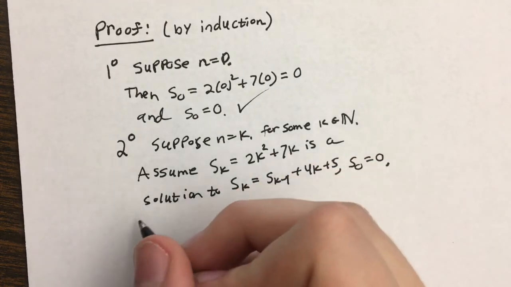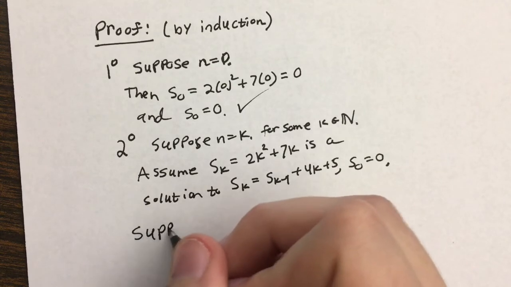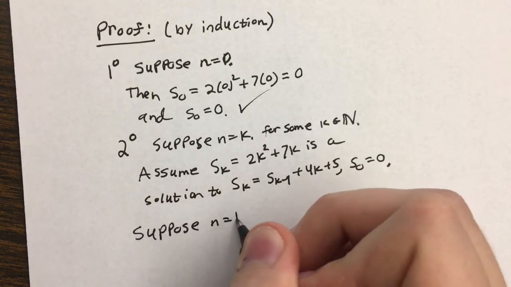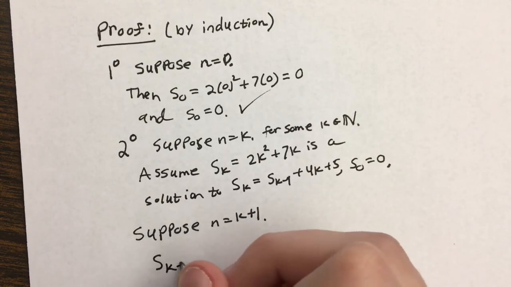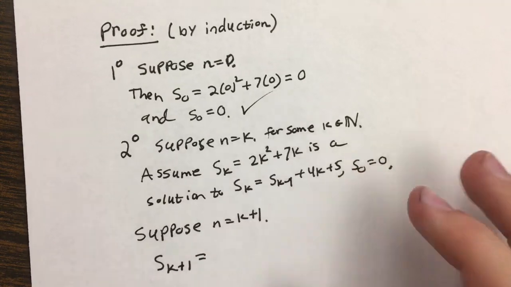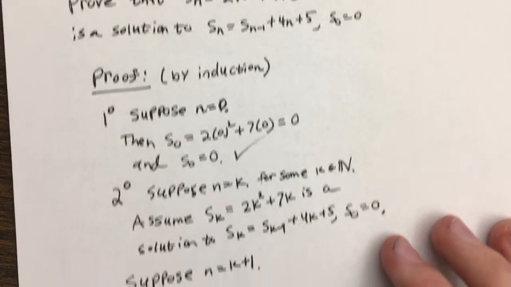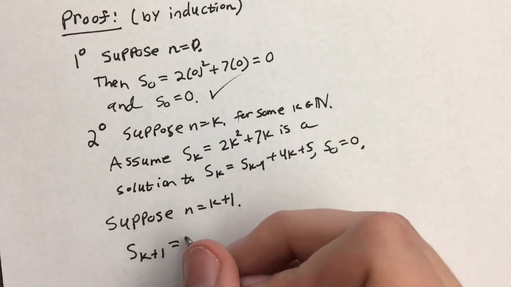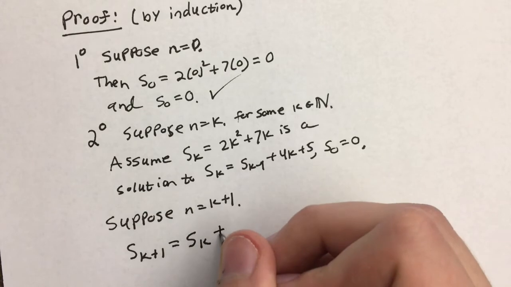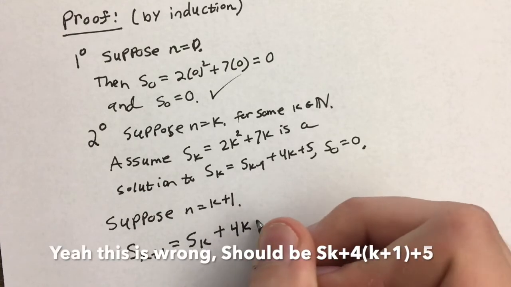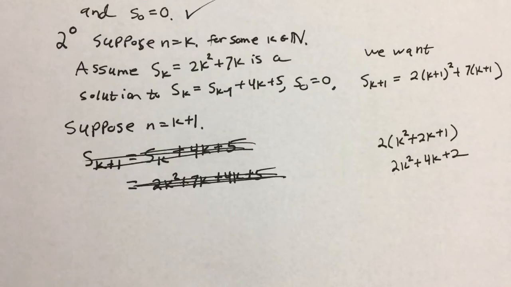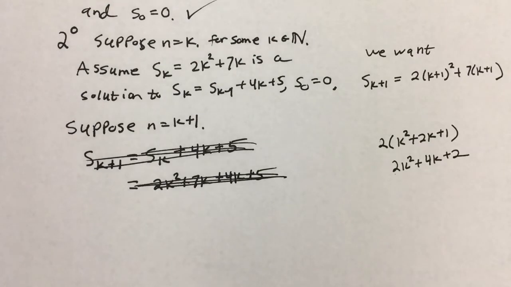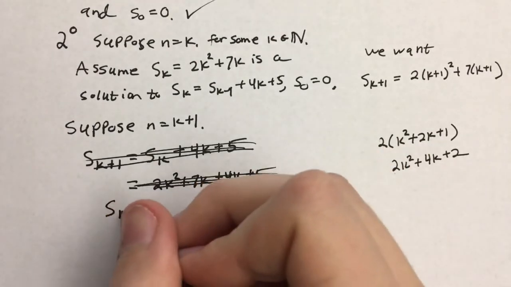So now that we've supposed n equals k, we want to suppose n equals k plus 1, right? And so now we're looking at the k plus 1 term, and we know from our recurrence relation that s sub k plus 1 is going to equal s sub k plus 4k plus 5. So if we suppose n equals k plus 1, we don't do what I did and make a silly mistake, right?